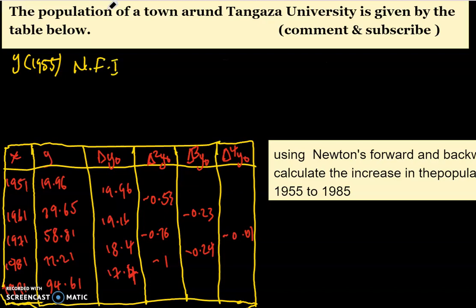So let's use Newton forward interpolation. The Newton forward interpolation formula is given by, we know that yp, or what we call the function f of x.